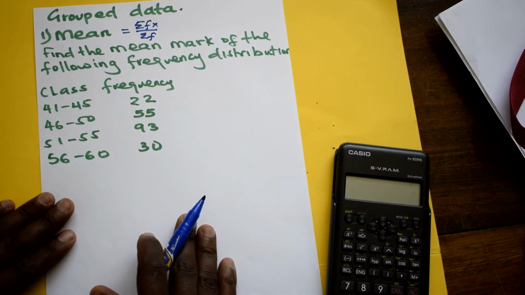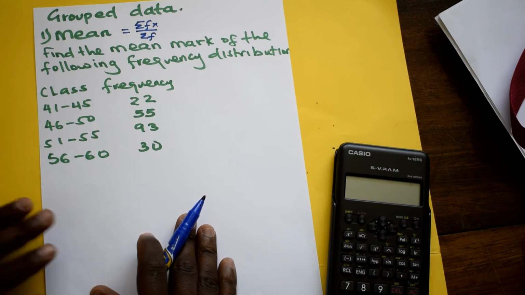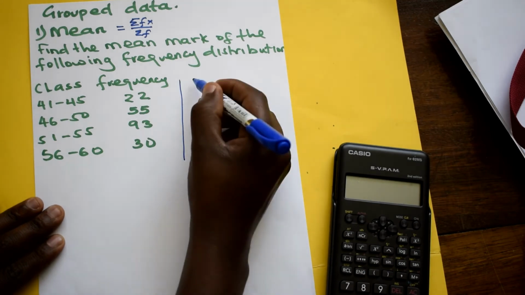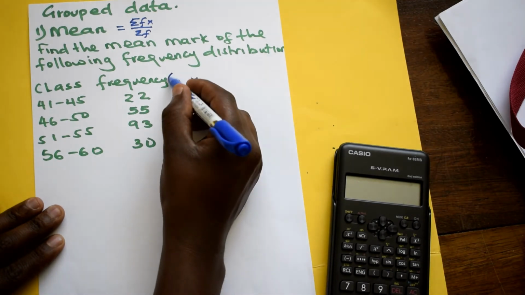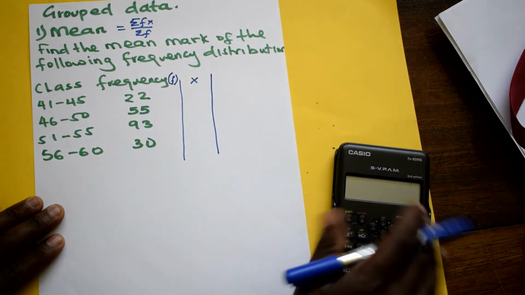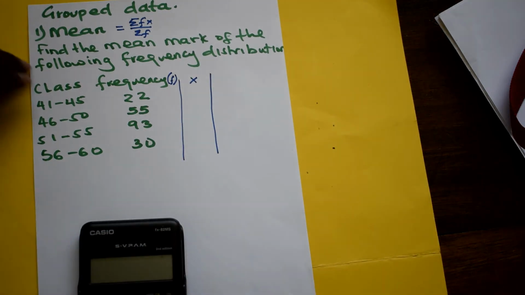So for the sum of fx, the first thing we need to identify is x. With this one we can create another column here and call it x. This frequency we call f, and we have said previously that x is the midpoint or the mid mark.